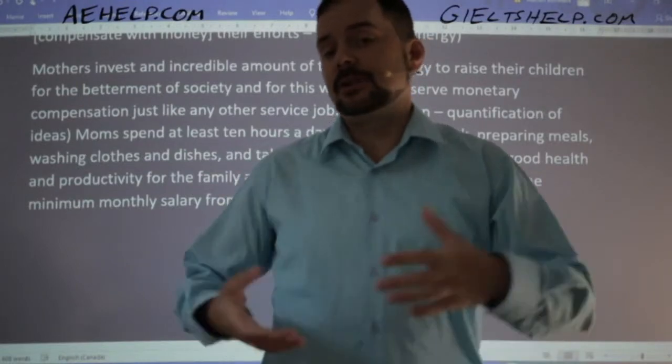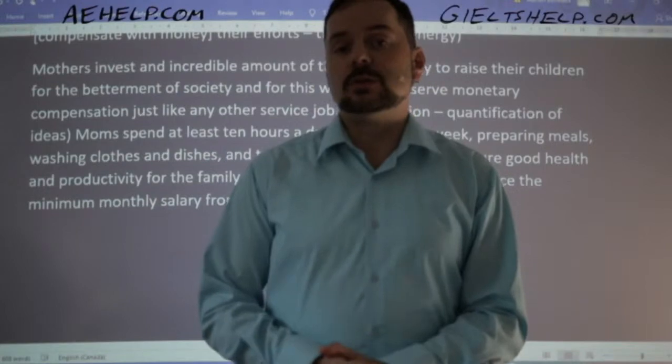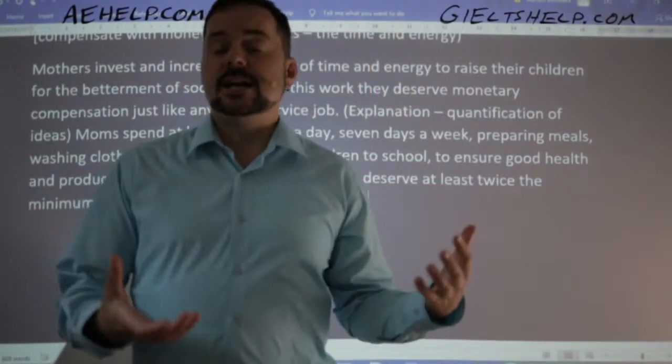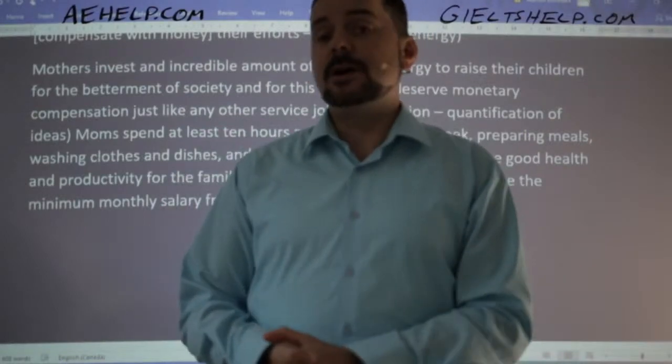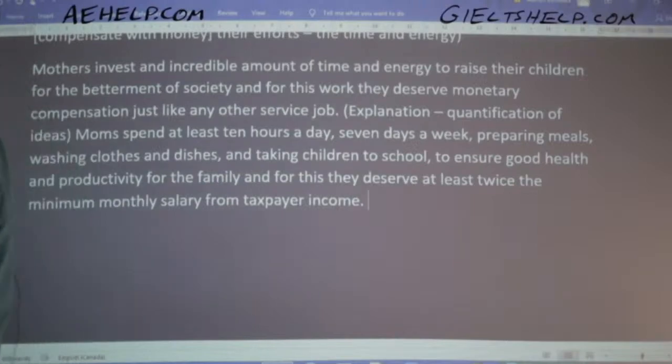In my mind, I think that's at least twice the minimum salary within a society. So let's say the minimum salary in the society is $1,000 per month. Mothers should get $2,000. Okay. All right. So let's see some other explanations that some of you have come up with.